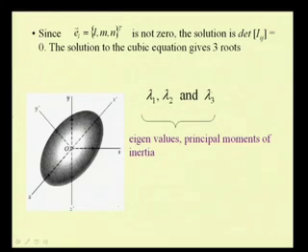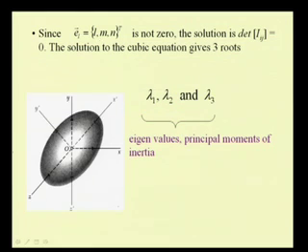In your first course on mathematics, you would have studied computing these eigenvalues, and these eigenvalues are nothing but the principal moments of inertia of the given rigid body, and for each of these values we will get one direction cosine.